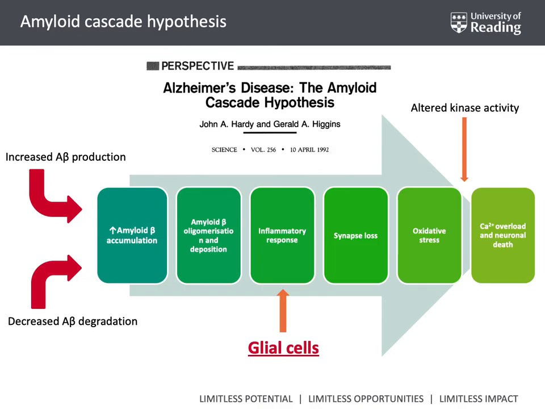One, you can ramp up production, so you can increase the amount of amyloid beta that's present. Or conversely, you can shut down degradation. So dysfunction of the clearance mechanisms that are normally in process can contribute to Alzheimer's disease itself.